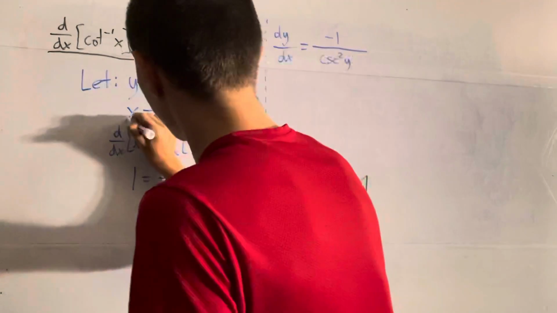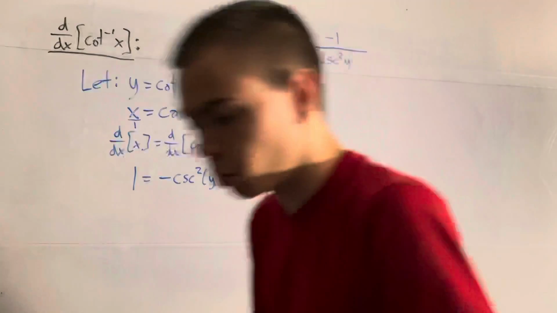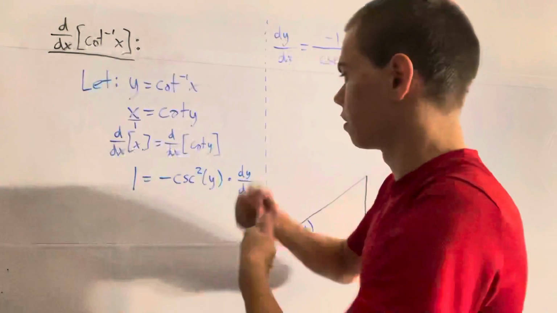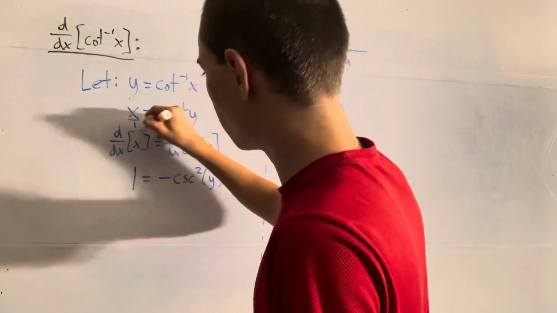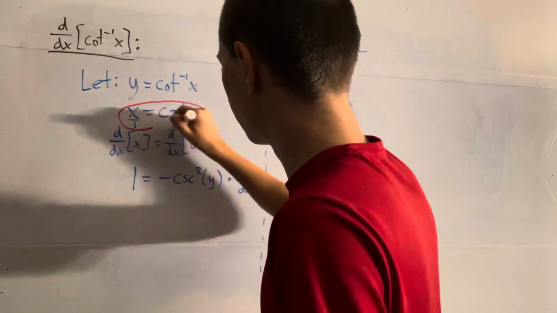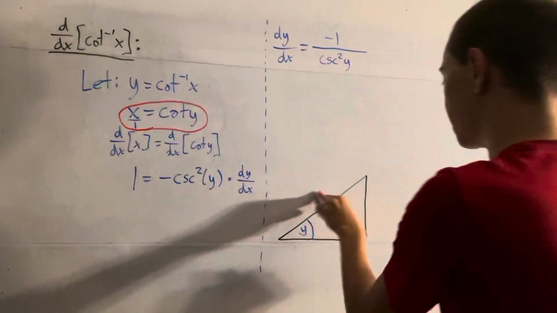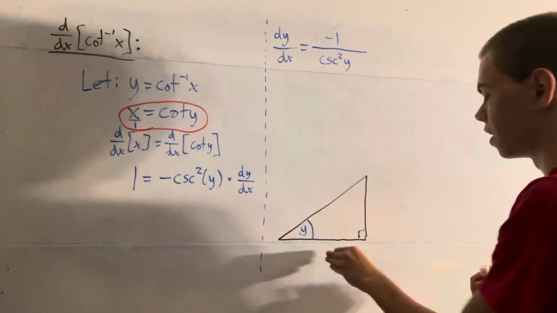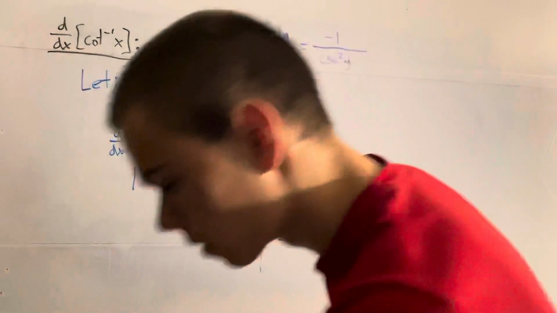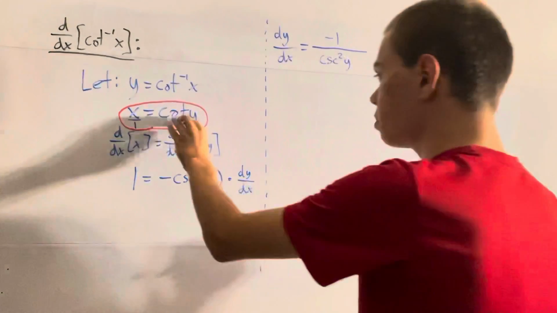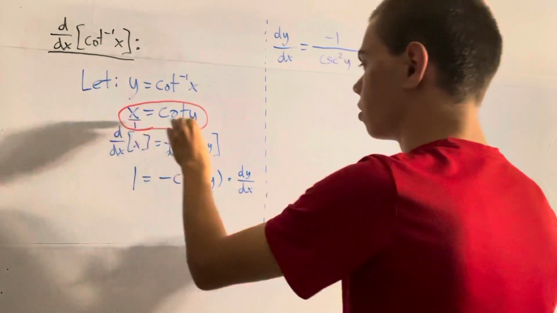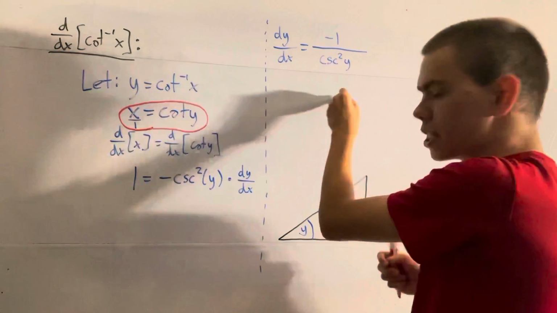Because right here, if you notice, what we have is the cotangent of y equals x over 1. And this idea can be implemented to the sides of our triangle. So if the cotangent of y equals x over 1, cotangent is just adjacent over opposite.